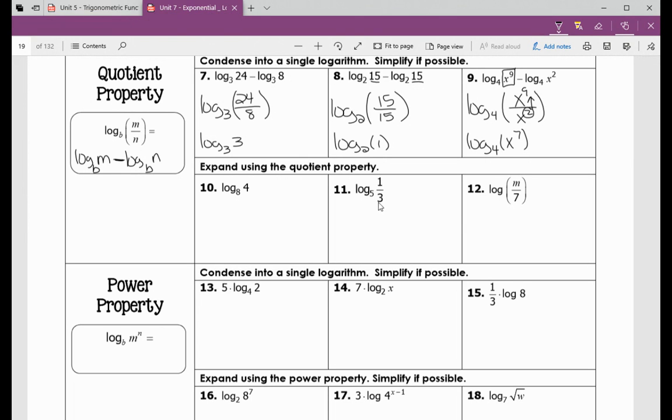So since we have a visible fraction, I can turn that into 2 logarithms, log base 5 of the numerator minus log base 5 of the denominator. Number 12, I have the log of a fraction. So I get log of the numerator minus log of that denominator.